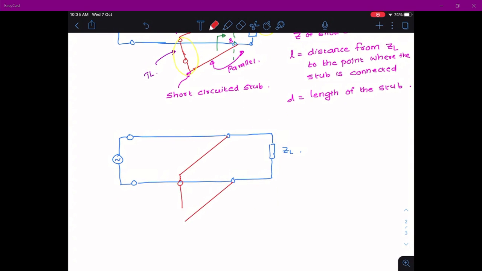Which is connected to a short circuit. This is L, this is D, these are points N. Okay. Now, whenever you have something connected in parallel, you always deal with admittance.